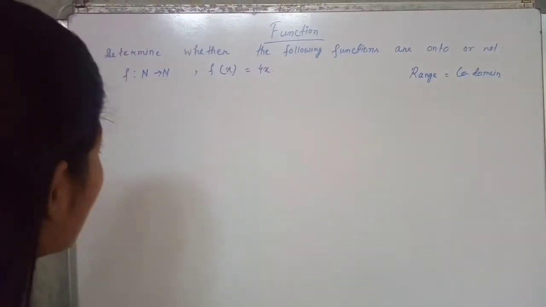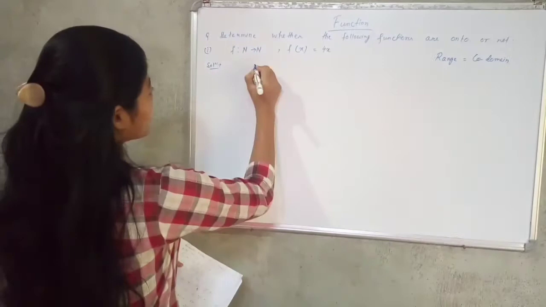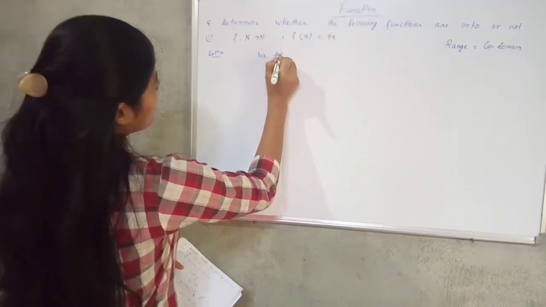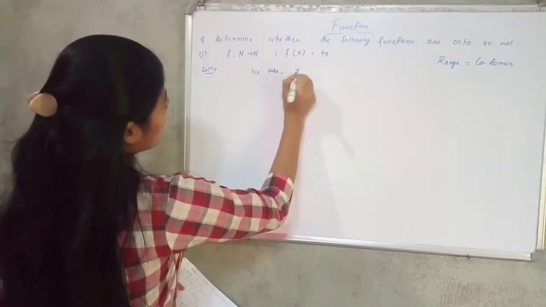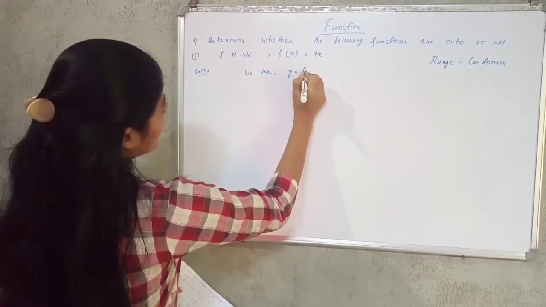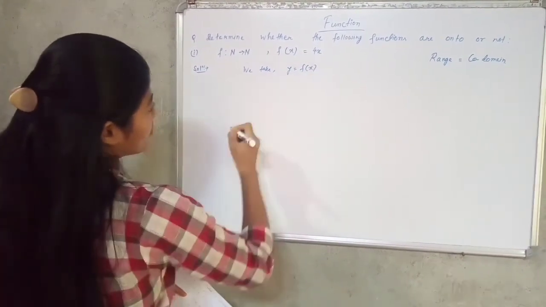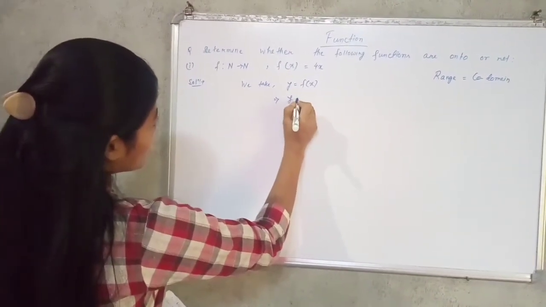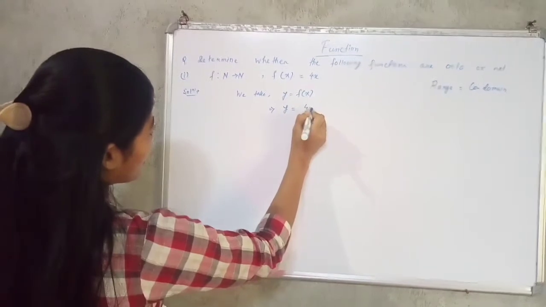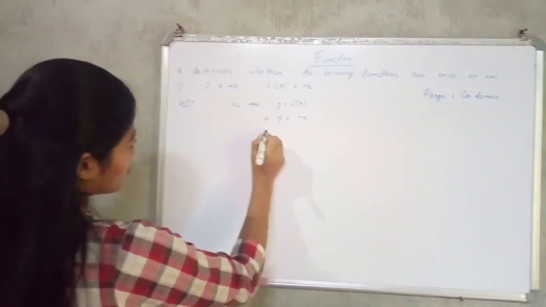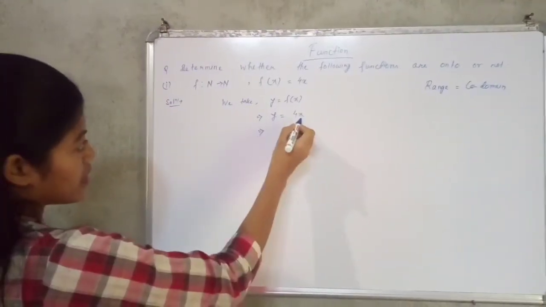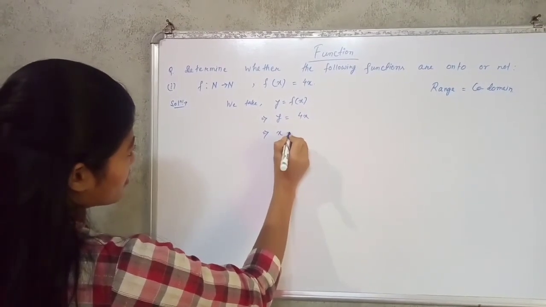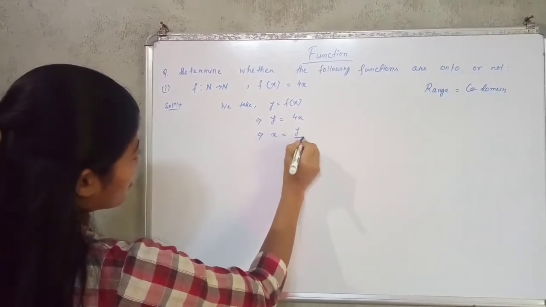Now in this problem we take y equal f of x. As defined above, y will be equal 4x. Now we express x in terms of y. Then x equal y by 4.